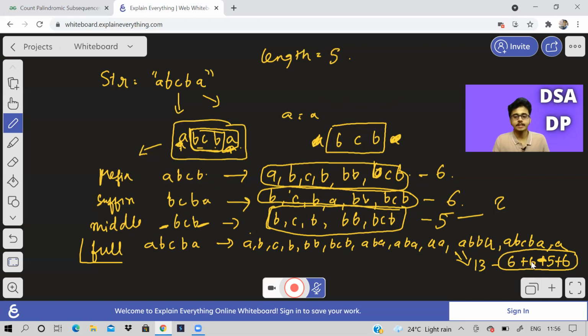What is that I'm saying here? See, consider only these 2 examples, BCB and ABCBA. In BCB, how many subsequences do we have? 5 subsequences, correct? These are those 5.